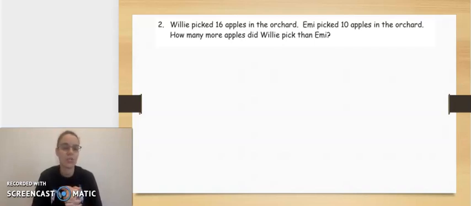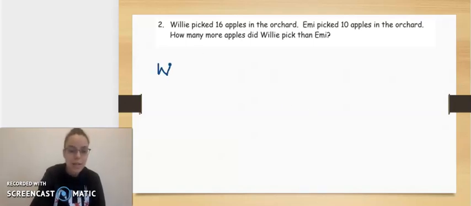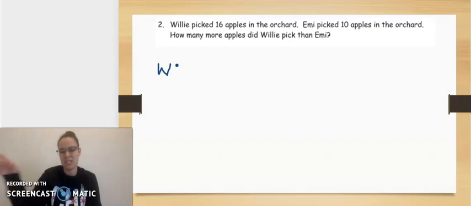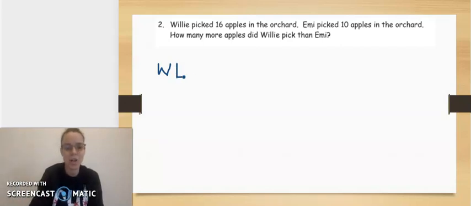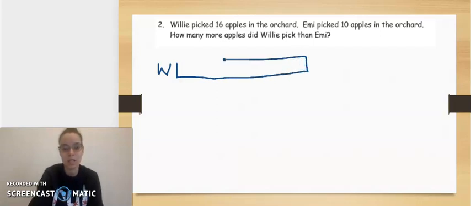What letter should I use to represent Willie? Yeah, a W. And I should draw a box that has how many in it? Do I have to draw out 19? No, I can just draw a long box. 19 is a lot. And write the number 19 inside. Go ahead and do that.